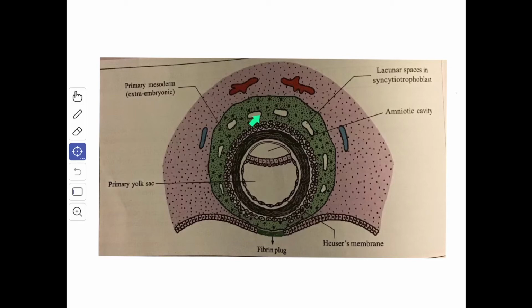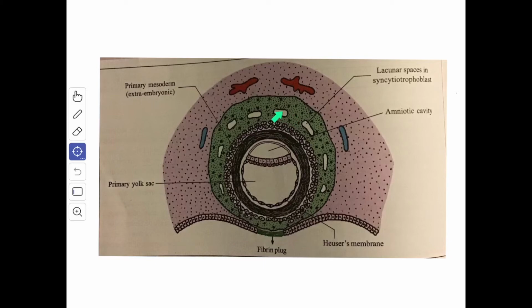A number of spaces, called lacunar spaces, appear in the syncytial trophoblast due to the rapid proliferation. Each lacuna communicates with the adjacent one around the cords of the syncytial cells which persist as the trabeculae.